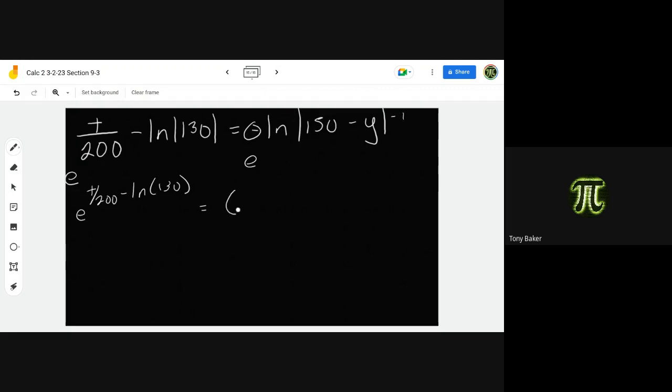So I've got 150 minus y to the negative first power.